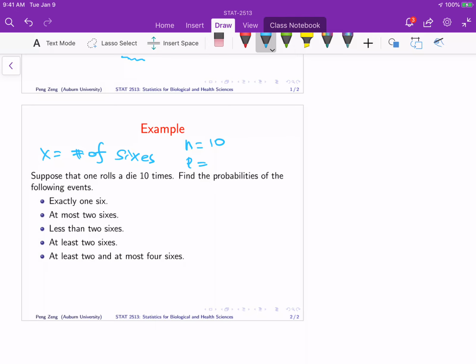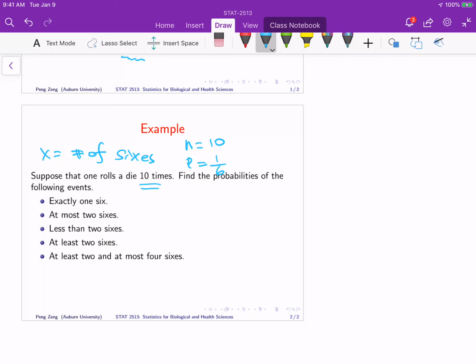The number of 6s can be 0, 1, and up to 10. And p is the probability of getting a 6 on one roll. Because a die has six sides, p will be 1 over 6.